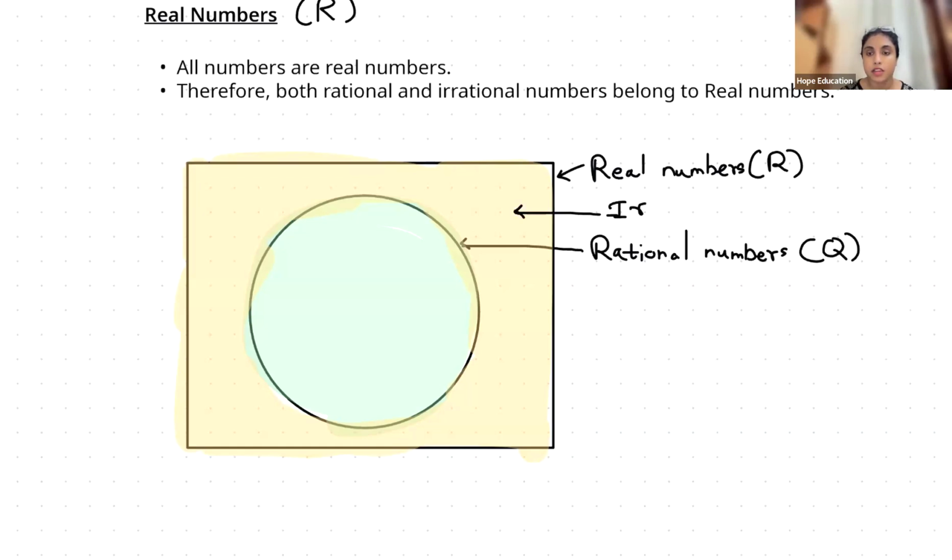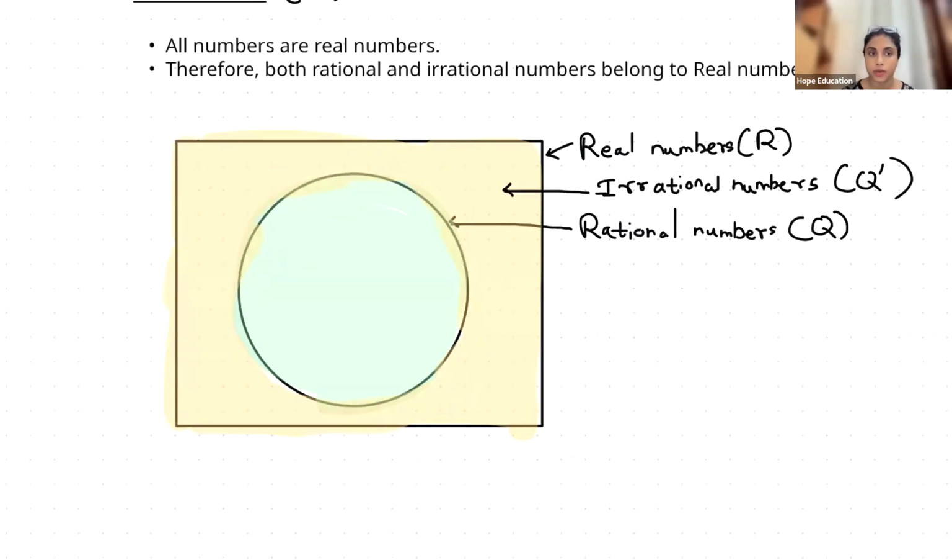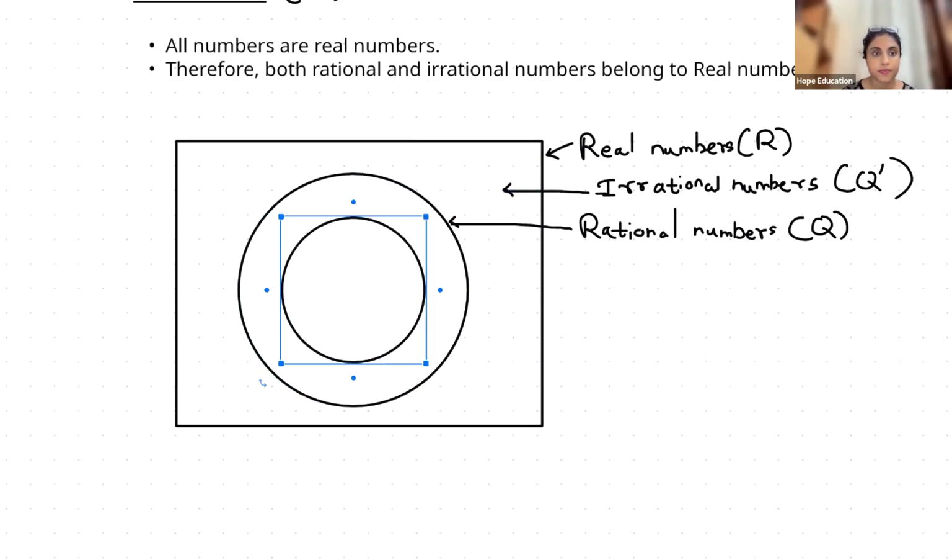Irrational numbers. So the set of rational numbers we call Q. Whatever doesn't belong in Q, we call the complement of Q. That's why we call irrational numbers Q dash. Now, inside rational numbers, we have another small set.